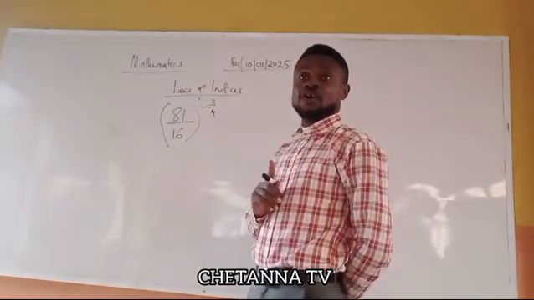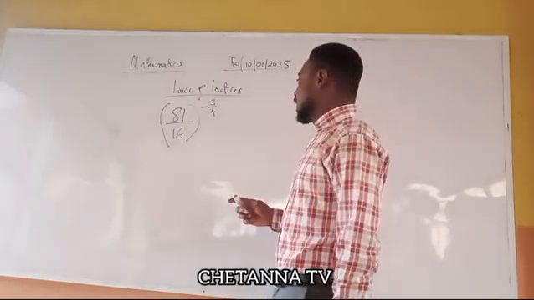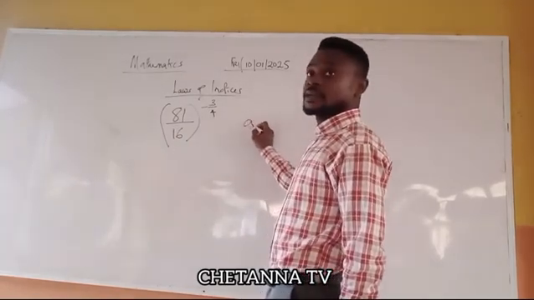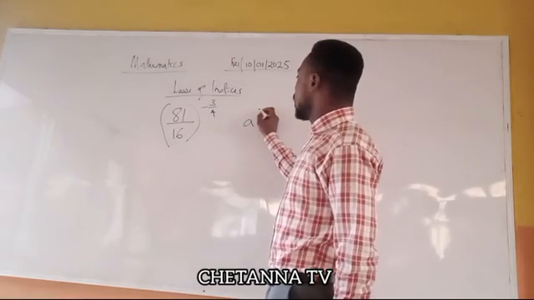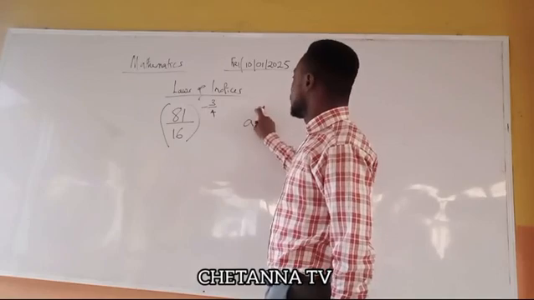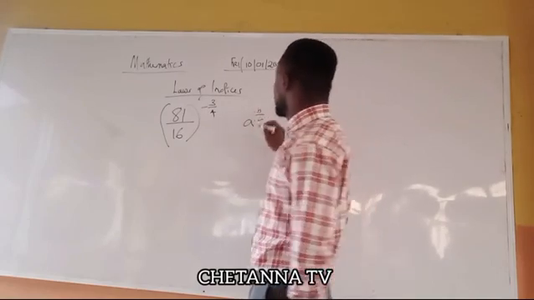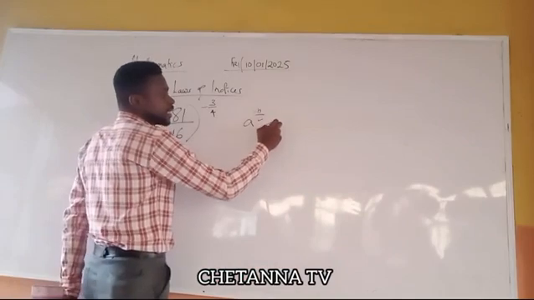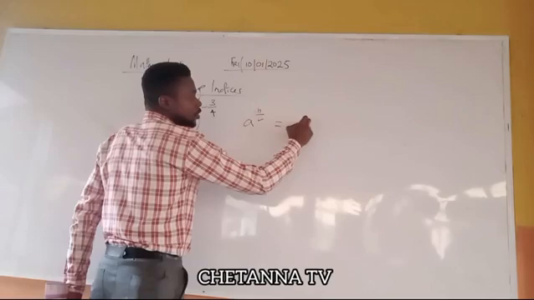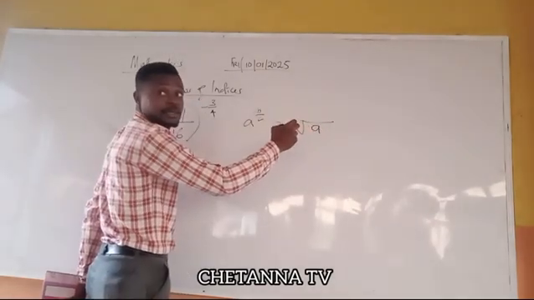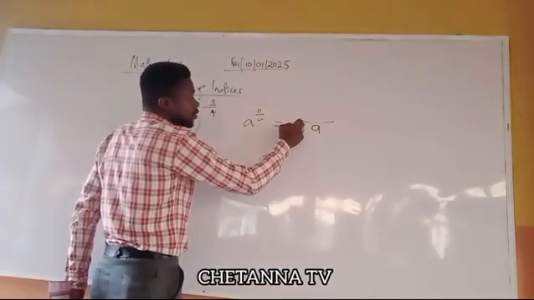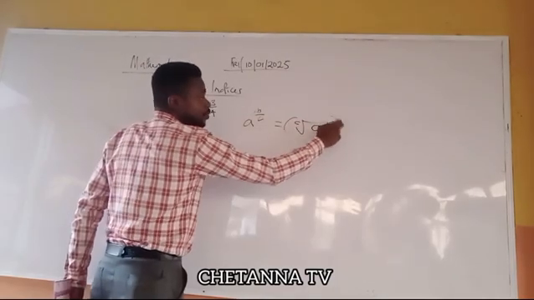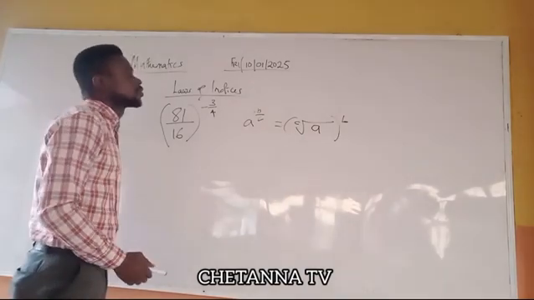Then there's this law of indices that states that if you have a raised to power b over c, that is saying the c-th root of a, all raised to power b. True or false? Good.